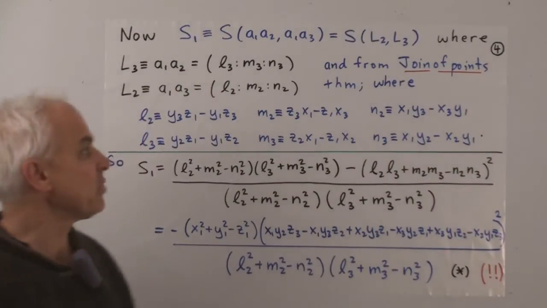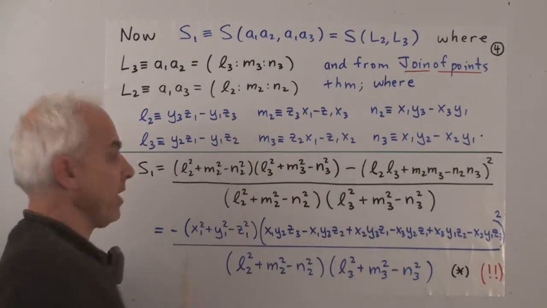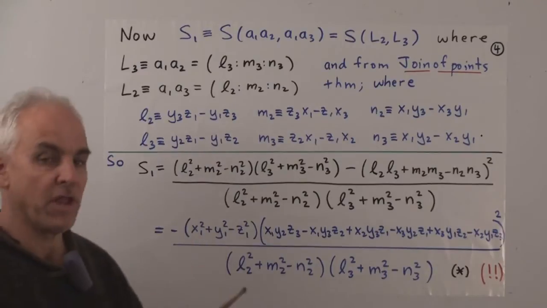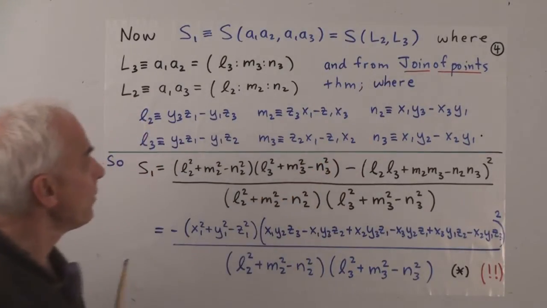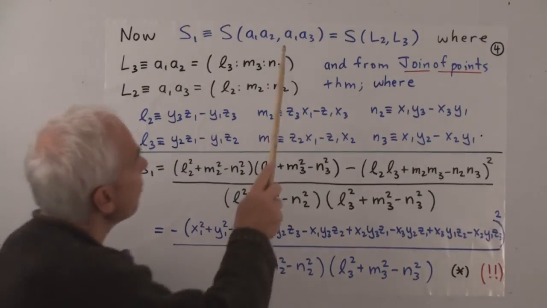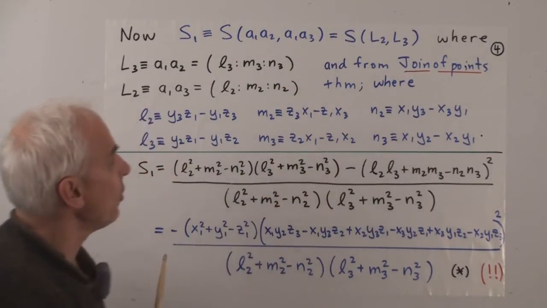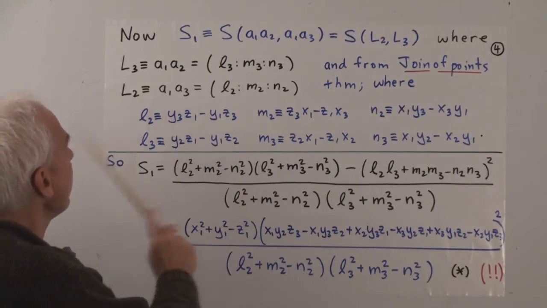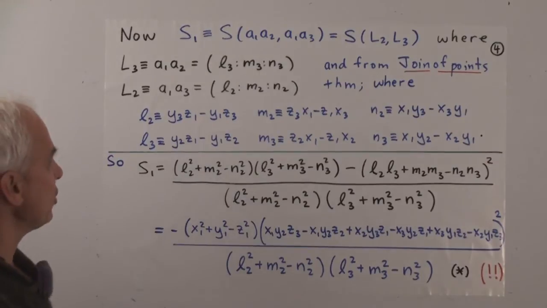So S1 is the spread between the 2 lines, A1, A2, and A1, A3. That's 2 of the lines of the triangle, and let's call those lines L2 and L3. Actually, probably this line here, the line joining A1, A3, that should be L2 right there, and the line A1, A2, we'll call that L3. That's more consistent notation.